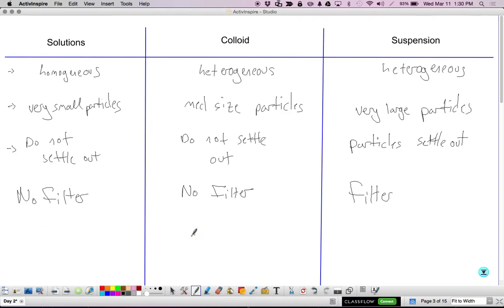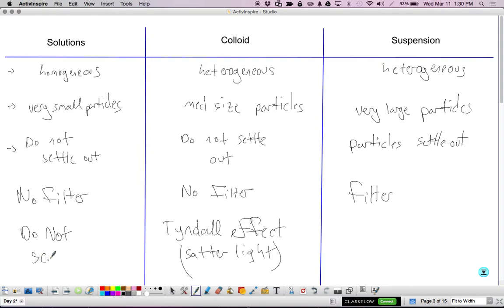Now, colloids have something called the Tyndall effect, which is that the particles scatter light. Solutions do not scatter light. And suspensions are weird.